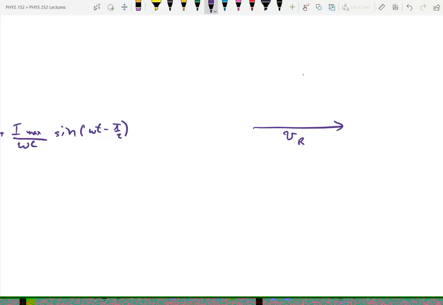But that voltage with that magnitude is the peak voltage, right? It's not going to stay at that voltage at all time. It's going to be going up and down, up and down, up and down. And so what I'm going to do is say, let's consider the voltage that's in the horizontal direction to be the actual voltage.